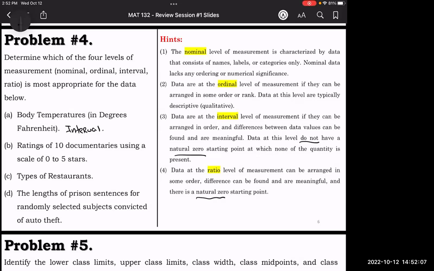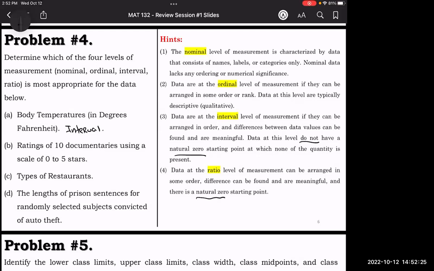Okay, look at part B, ratings of 10 documentaries using a scale of 0 to 5 stars. Is it nominal? It can be, because it's a label, right?